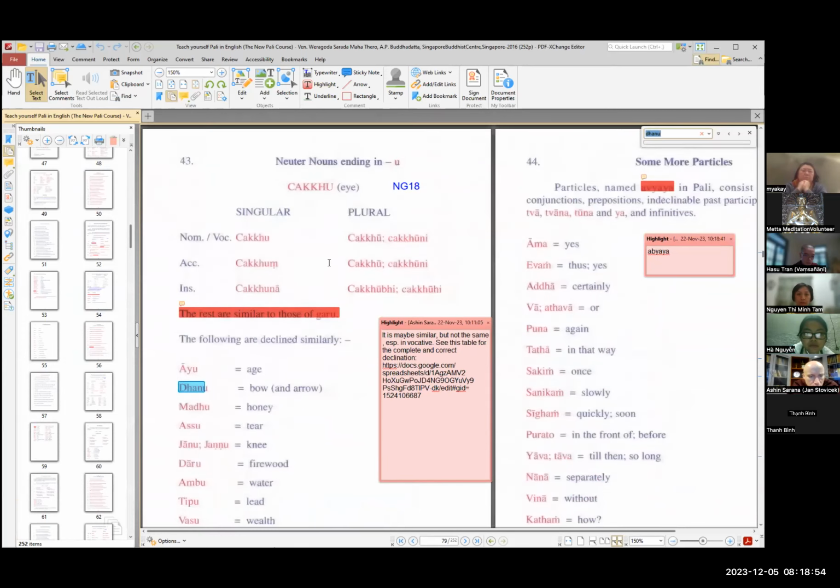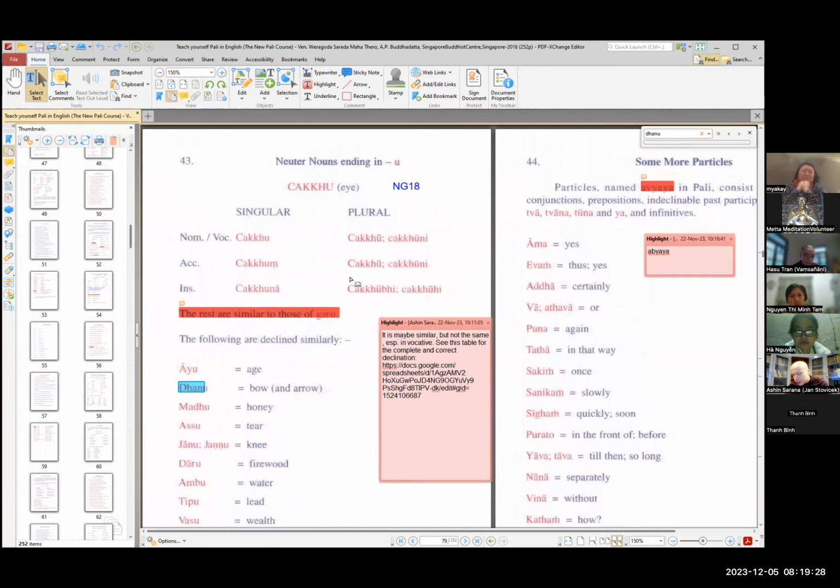So Dhanu, I see. Sometimes, what happens with some nouns to make it a little more challenging for you all to learn Pali is that they actually can be declined according to several different noun groups. So the noun can be accepted in two or three noun groups at the same time, and that means the different forms would still be correct.